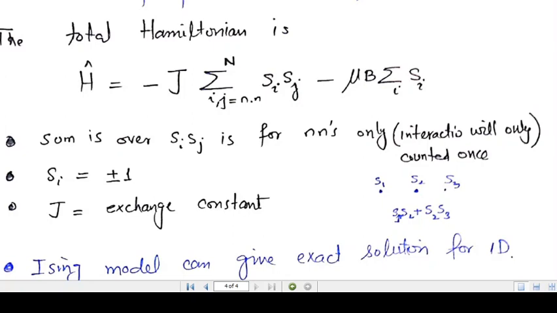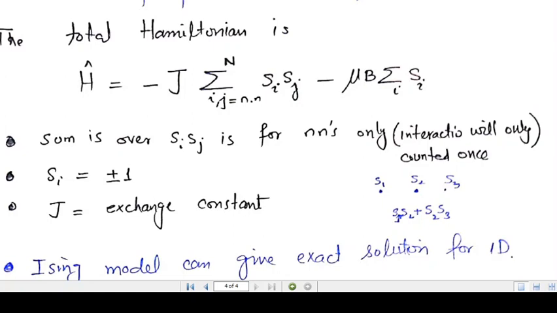I am not going into the details of the Ising model for the two-dimensional and three-dimensional cases, because we don't have enough time to cover all three cases.